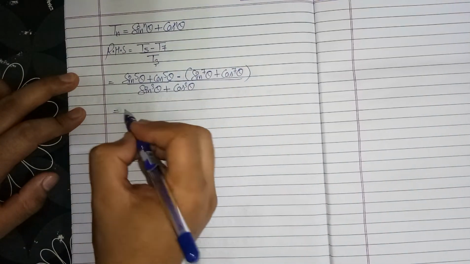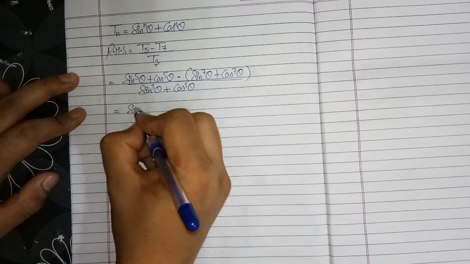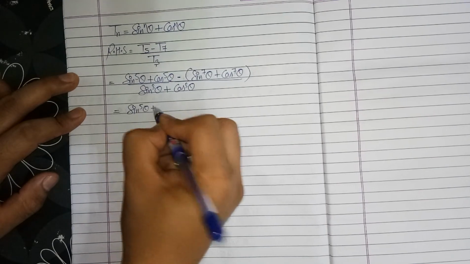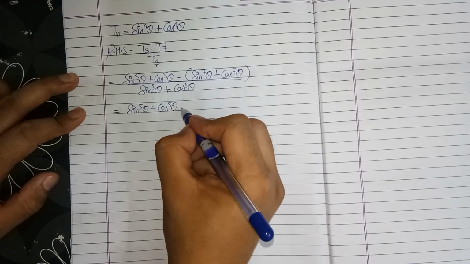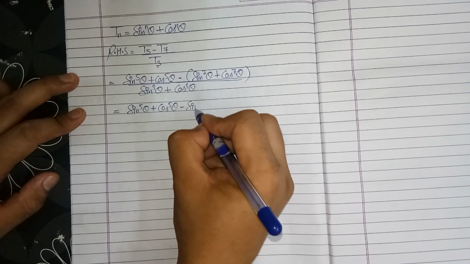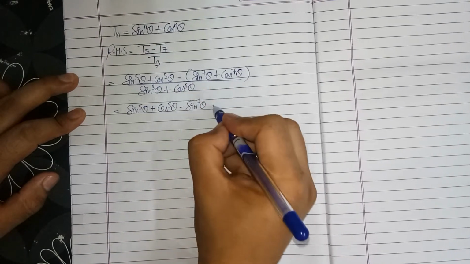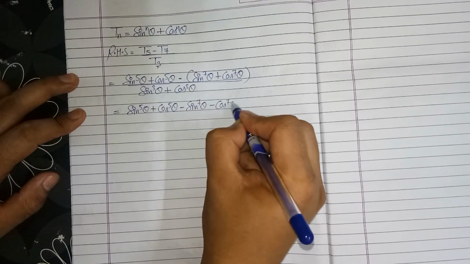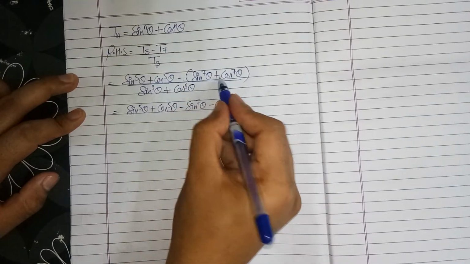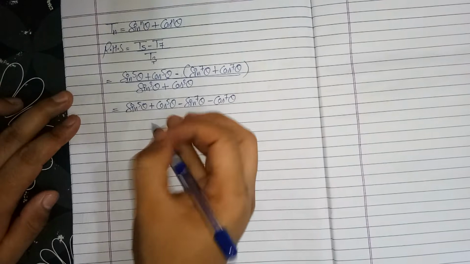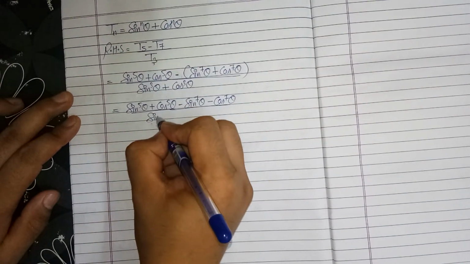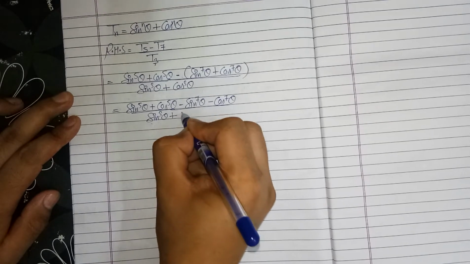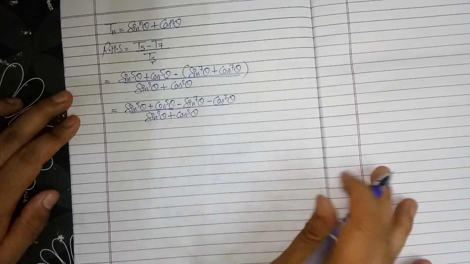Now again, we just have to open the bracket first, so let's do it. This is sine 5 theta plus cos 5 theta, and plus multiplied by minus is minus, sine 7 theta minus cos 7 theta, because this minus will multiply this plus, so it will give us negative, right? Now in the denominator portion we have sine cube theta plus cos cube theta.